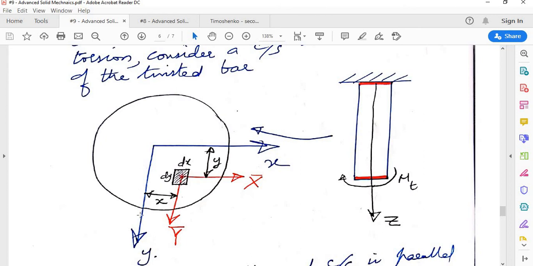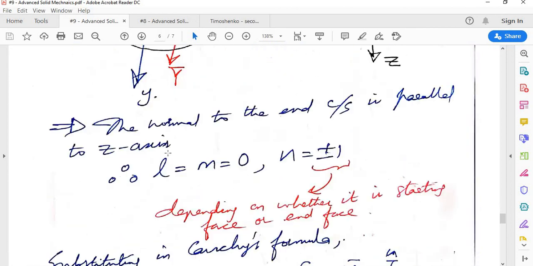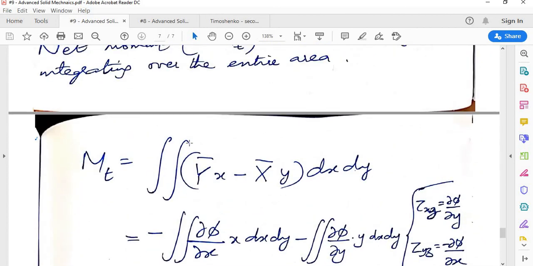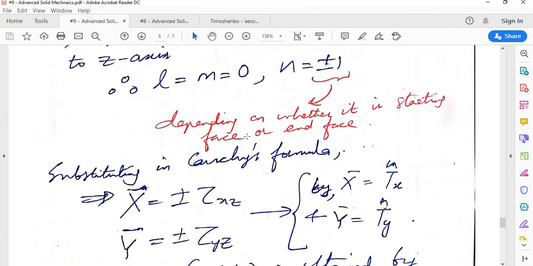About this axis it is y bar into x, and about this axis it is x bar into y, and both are in opposite directions, right? So the net moment Mt you can write as y bar into x minus x bar into y, dx dy, which is the area of the element.